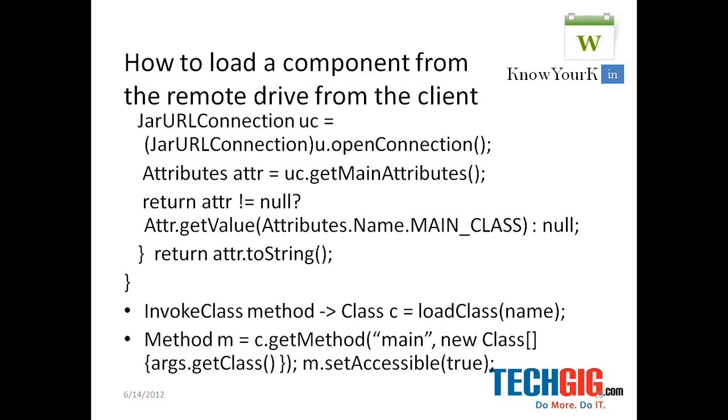If you have a drive sitting in Dropbox or even in Google Drive, you can connect to the jar file, get the attributes of the specific component, and return it as a string to invoke a class, which is basically written on top of the Reflect APIs.